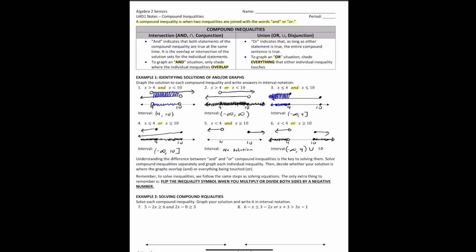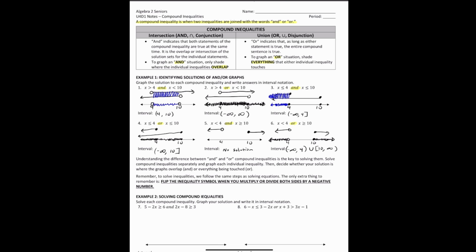So 10 comma positive infinity, 10 gets a square bracket, and then positive infinity gets a parentheses. So the interval is from negative infinity to positive 4 union 10 to positive infinity.